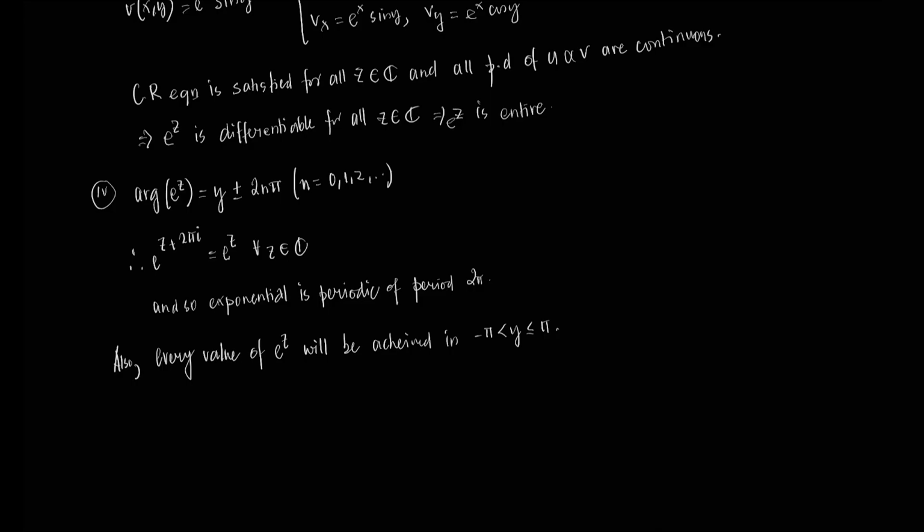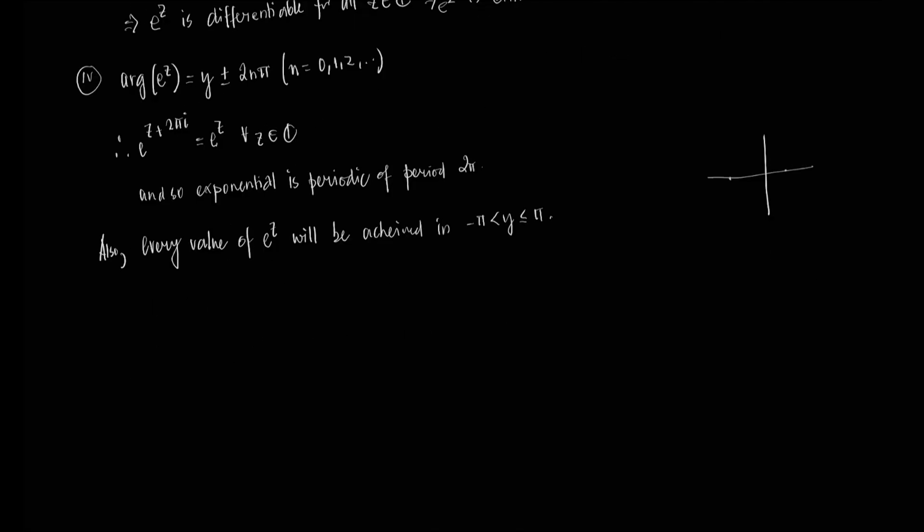If you are looking for your argument, you start from minus pi to pi. Between this, every other argument should be there, because that will give you 2 pi. So within 2 pi, everything is there because it is periodic. So this is a very important function, which is the exponential function.